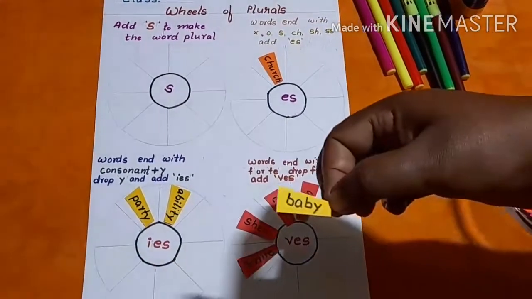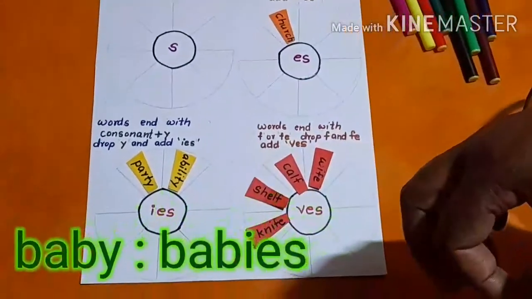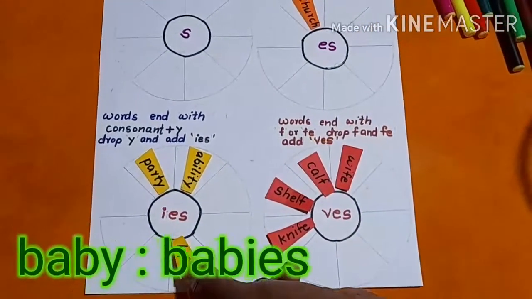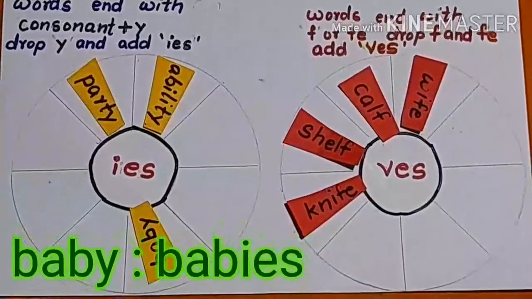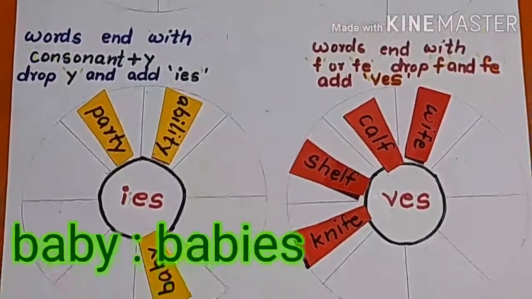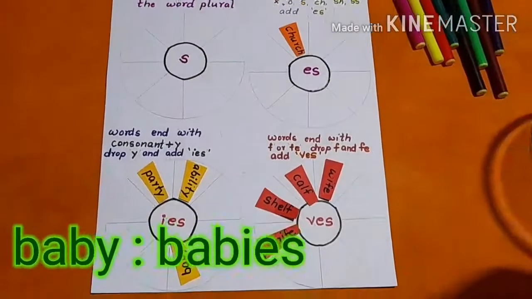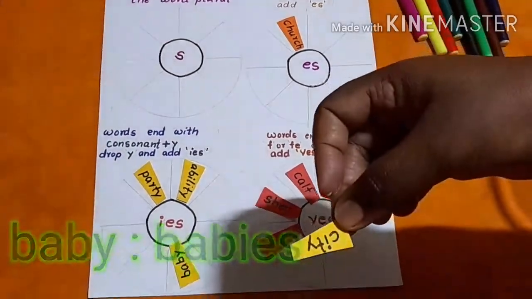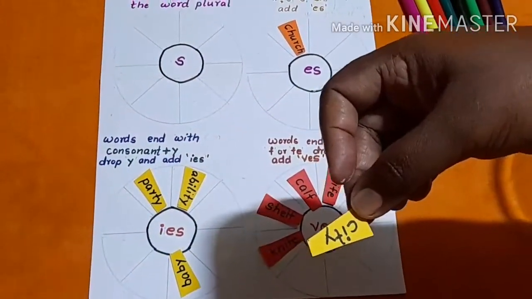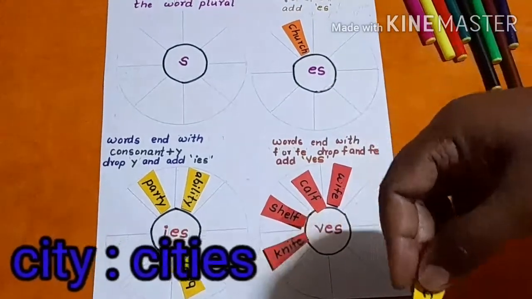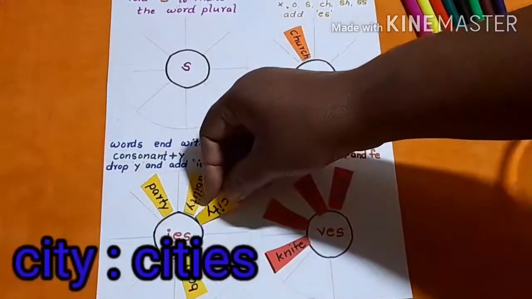Next strip is baby. So it will go here. So Y we should remove and I-E-S we should add. It will become babies. Next one I got again with Y. So again the same wheel.